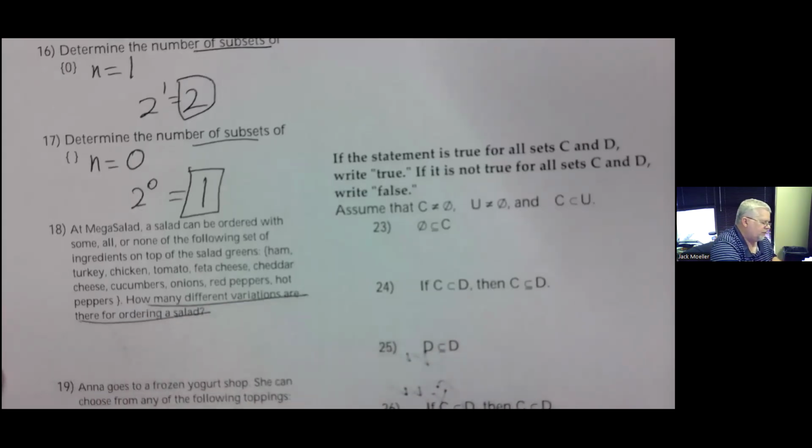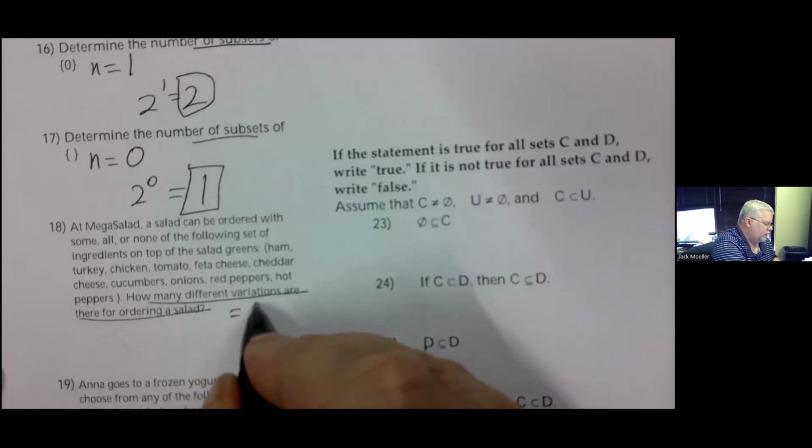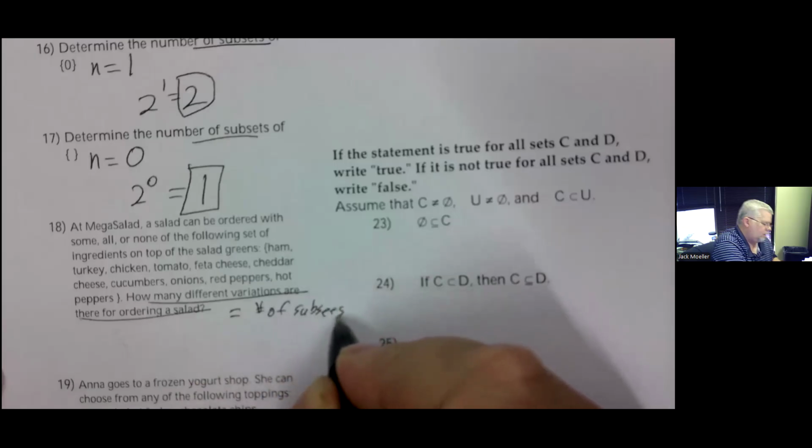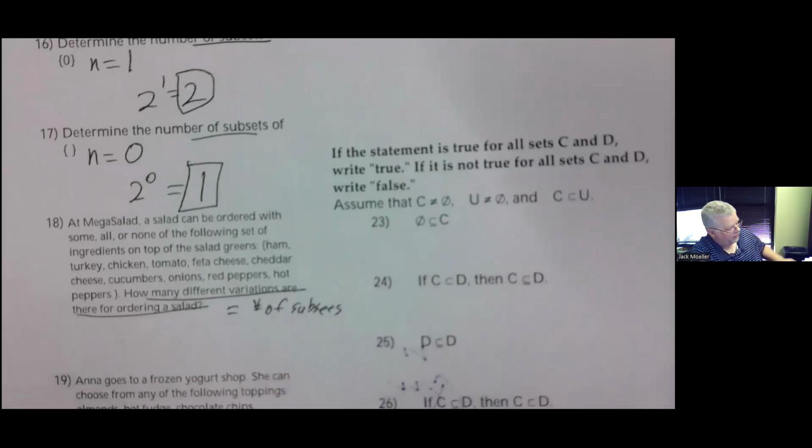When it says how many different variations, it's asking for the number of subsets, because you could have a salad with everything, a salad with no toppings, or any combination in between. And all those different combinations are one type of salad. Each type of salad is like one element in the whole group.